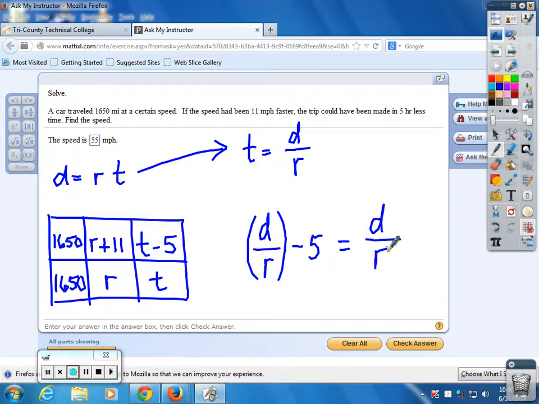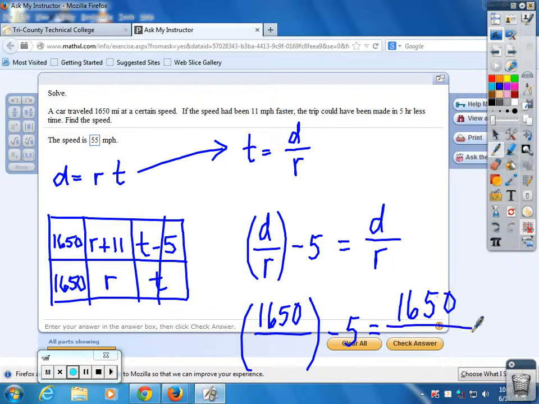And now I just plug in my values. You don't plug in the T's because this is T minus 5 equals T. And now I just plug in 1650, and I go here and here. And then my R with the T minus 5 is what?